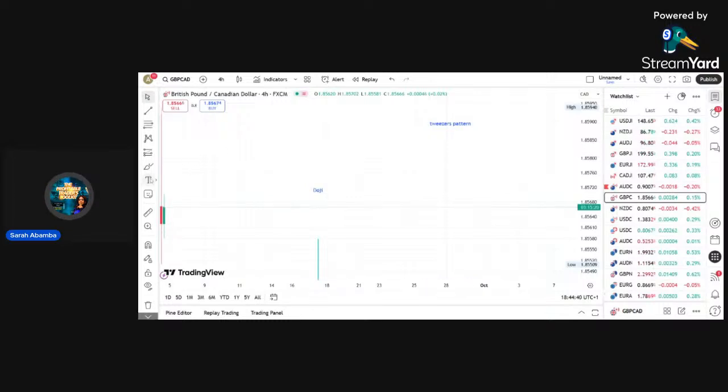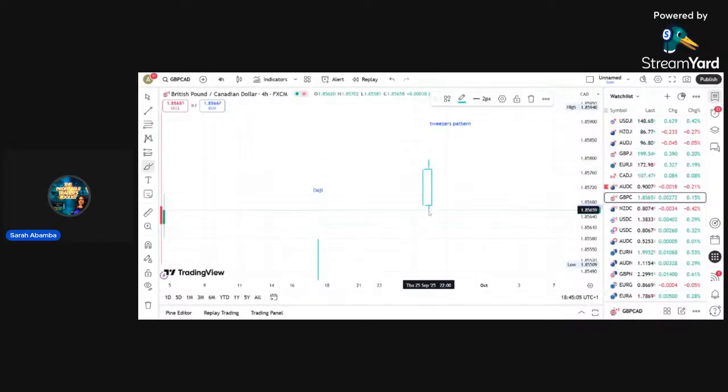More like two of the same candlesticks formed simultaneously, the same size, the same height, but different color. One will definitely be bullish, while the other will always be bearish. It is not two bearish or two bullish formed together.